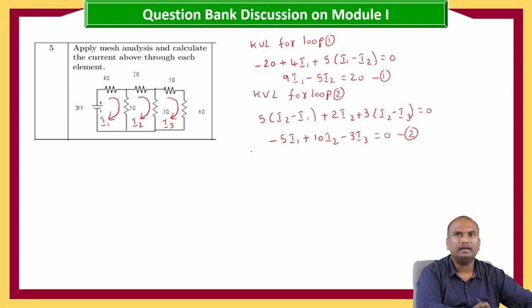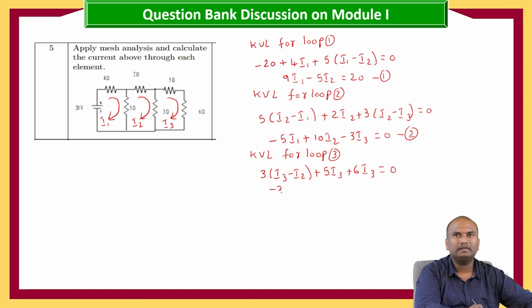Now let us write the KVL for loop 3. That is 3 into I3 minus I2 plus 5 into I3 plus 6 into I3 is equal to 0.